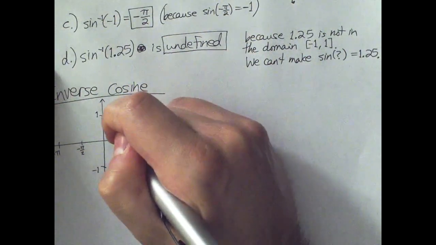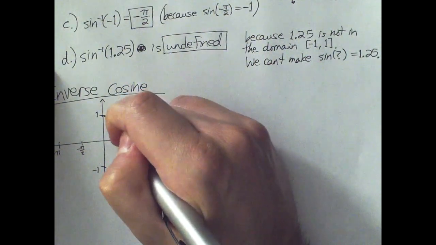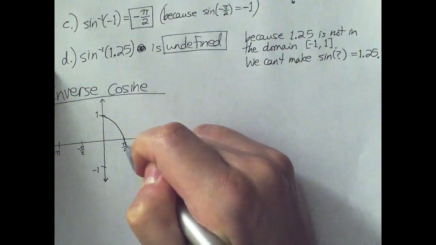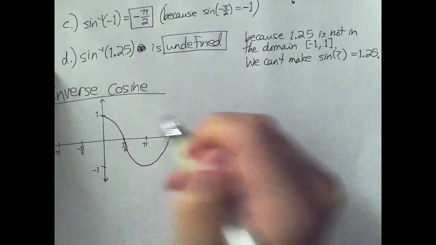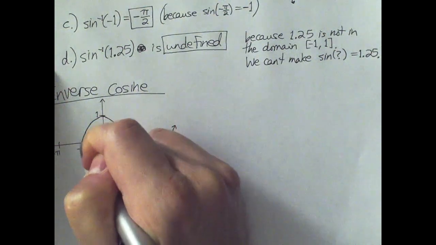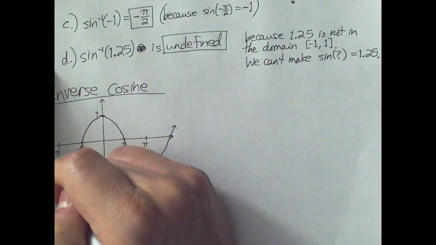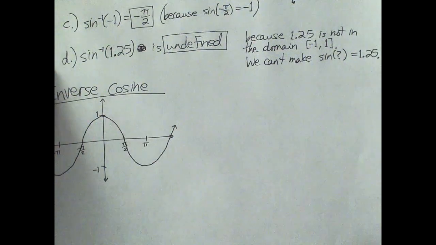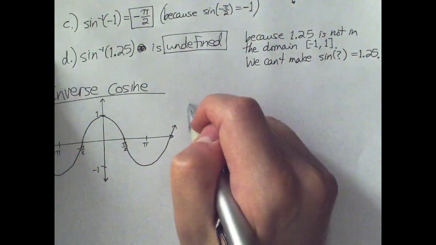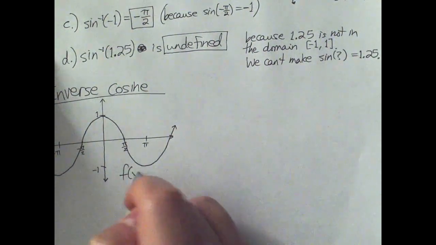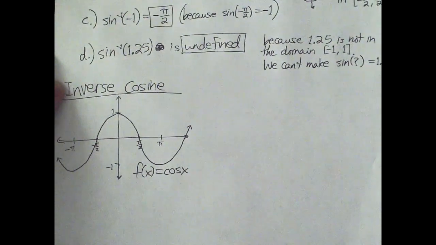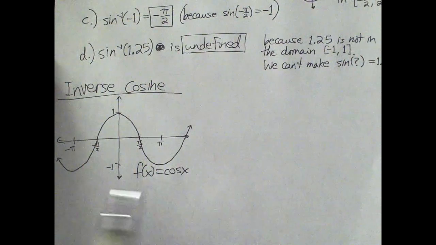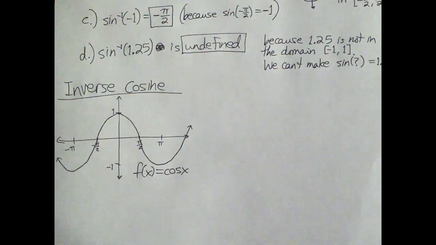So this graph looks something like this. And again, the graph of cosine ordinarily would fail the horizontal line test. It would not be 1 to 1, and there would not be an inverse version of cosine.